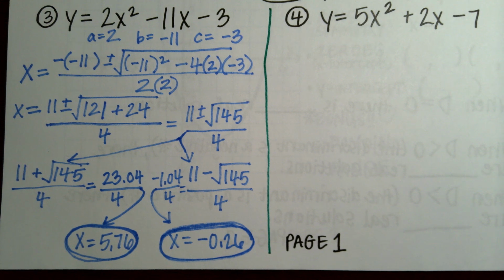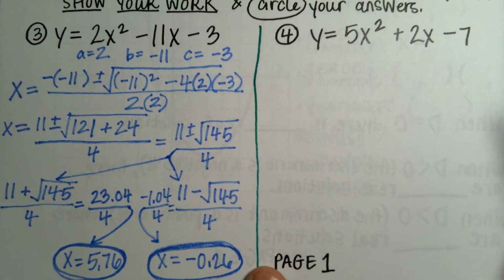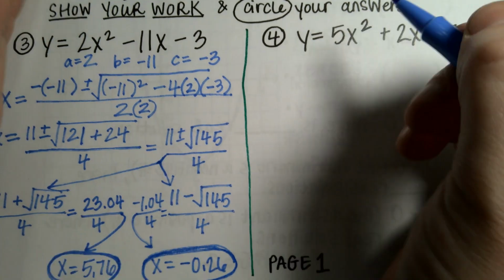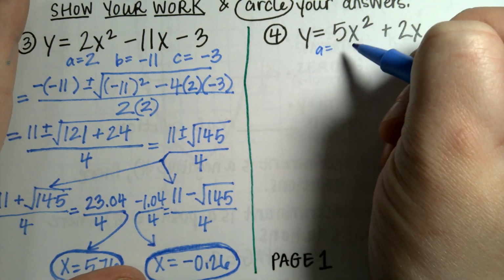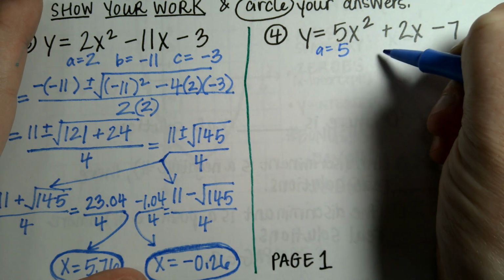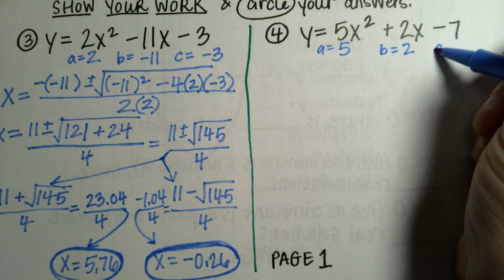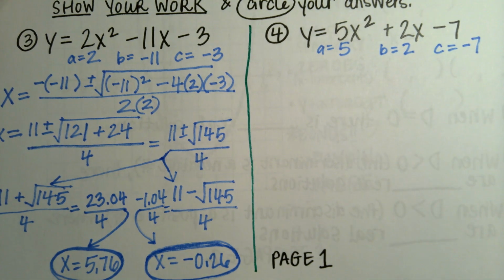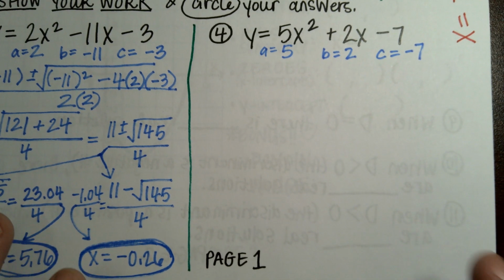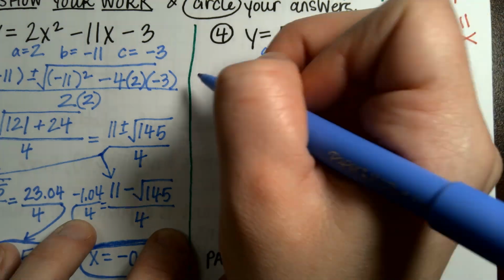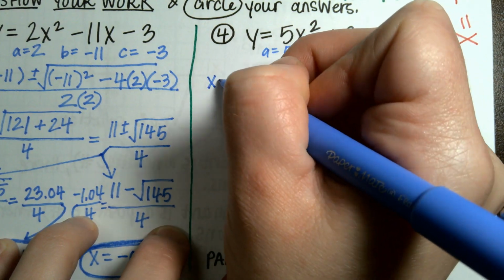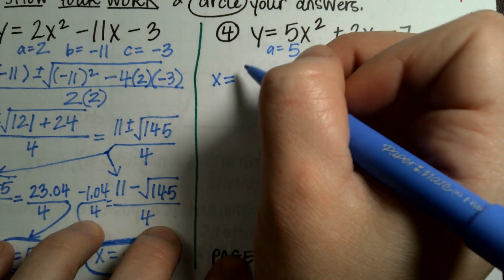All right, let's look at number 4 now. First step, A, B, and C. Our A is 5. Our B is 2. And our C is -7. Good. Okay. So let's go ahead and write out that formula and plug our values in.